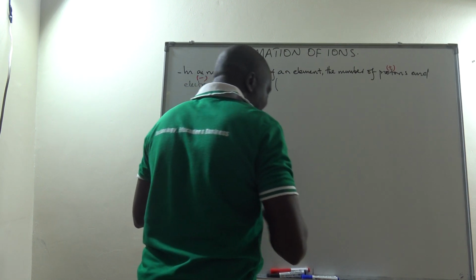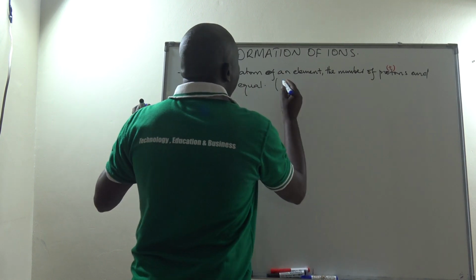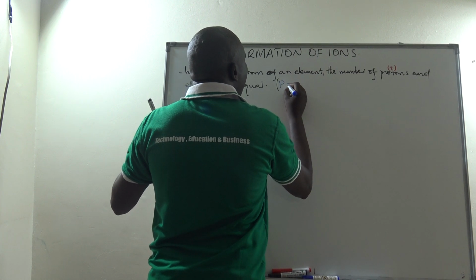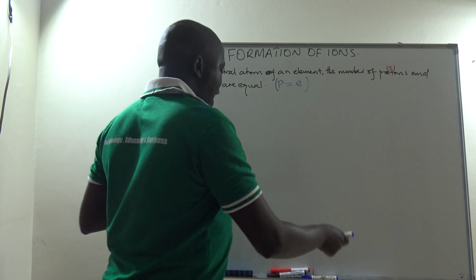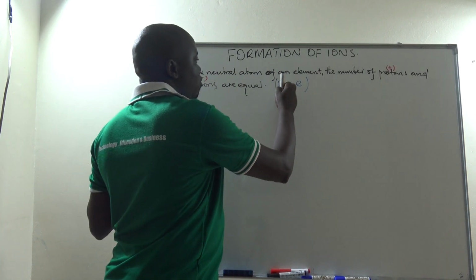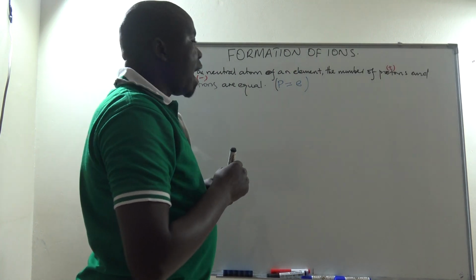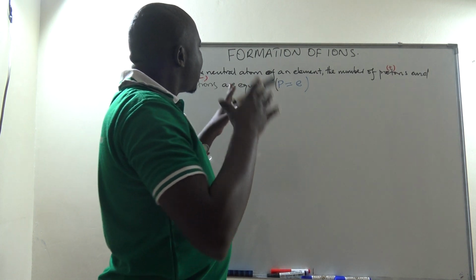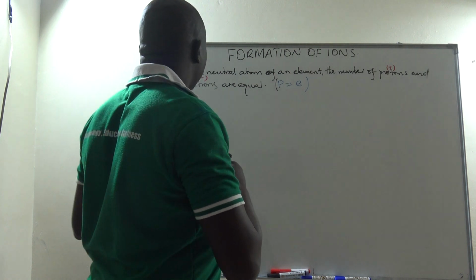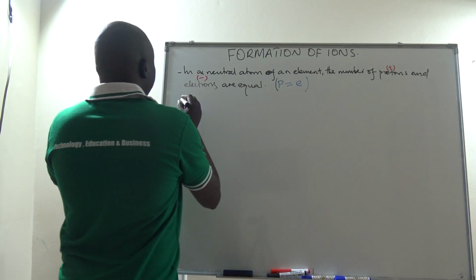If in an atom of an element, the number of protons is equal to the number of electrons, it means that in an ion, the number of protons and electrons are not equal. And what causes this? Why is it that in ions or charged atoms, the number of protons and electrons are not equal?